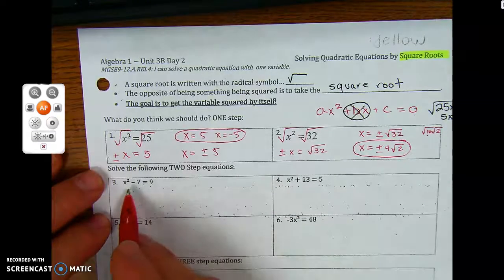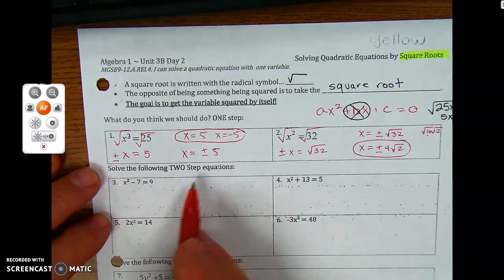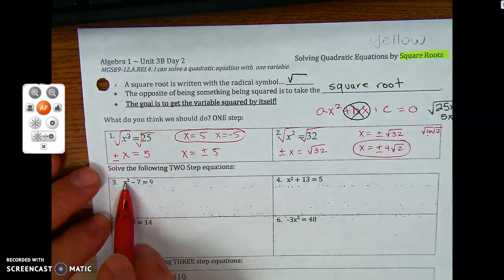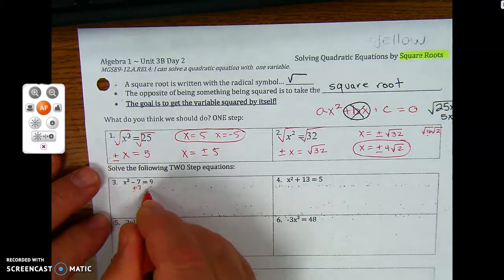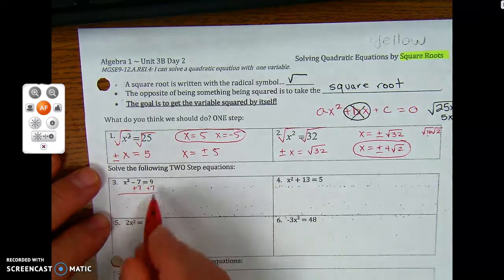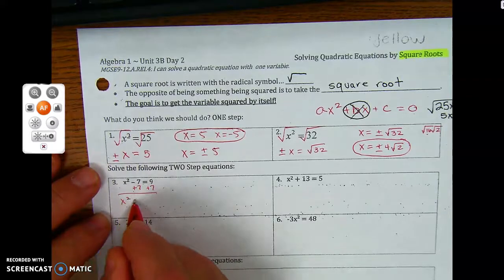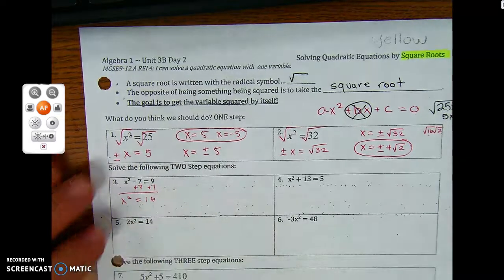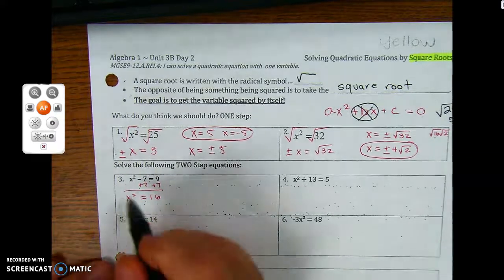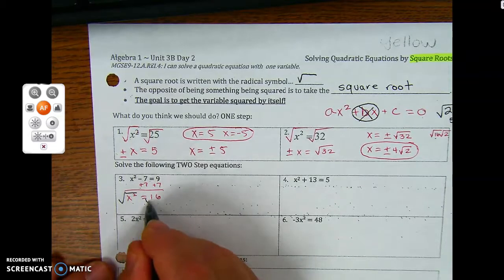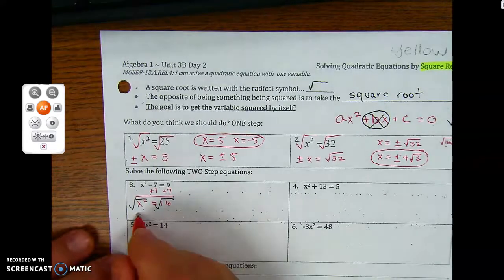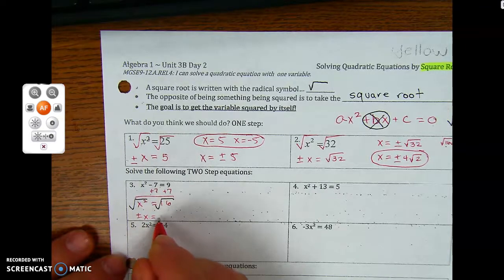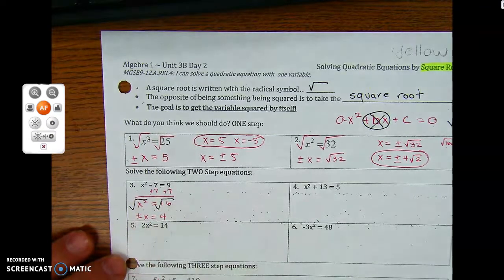In these two-step equations, you have to get x squared by itself before you can take the square root. So I have to add 7 to each side. x squared equals 16. Now I can take the square root of both sides, and I get x equals plus or minus 4, because 4 is the square root of 16.